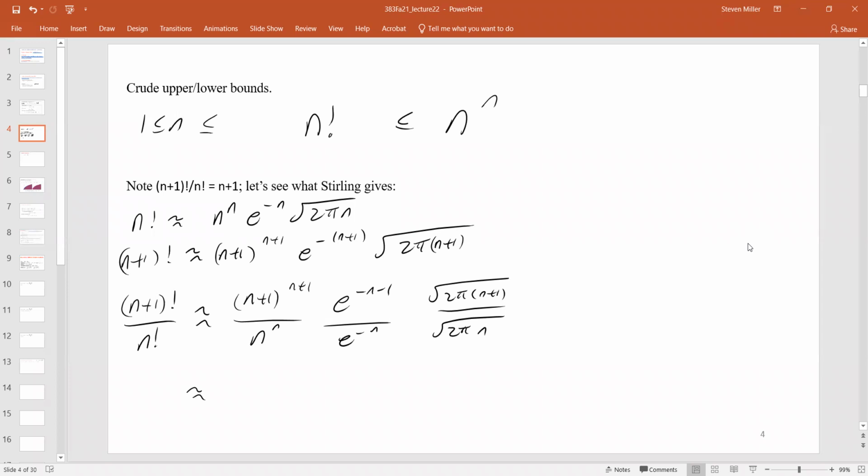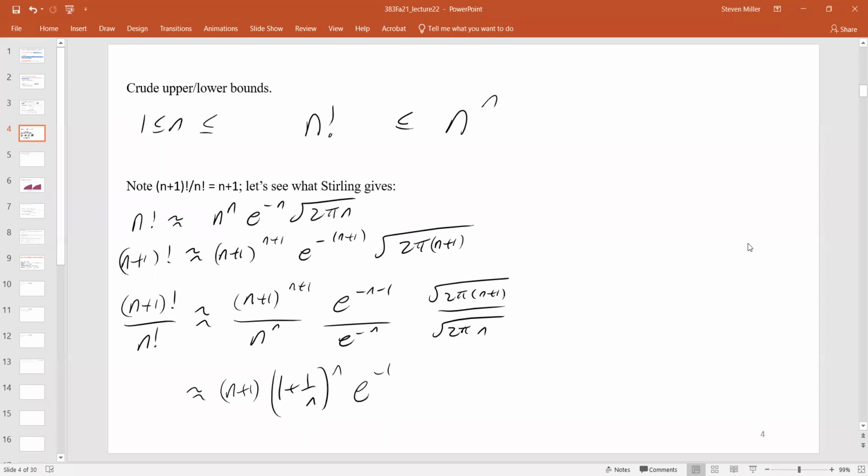Well, we have n plus 1 to the n plus 1 over n plus 1. Let me write this. We have an extra n plus 1, so let me just pull that out. And now we'll have an n plus 1 to the n over n to the n. Oh, that's just 1 plus 1 over n to the n. Then the next one is going to be a 1 over e, or e to the minus 1. And then we have the square root of 2 pi's cancel.